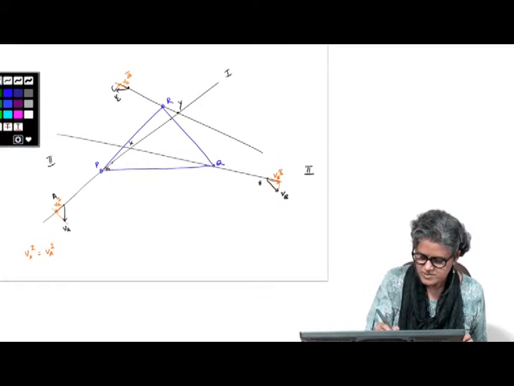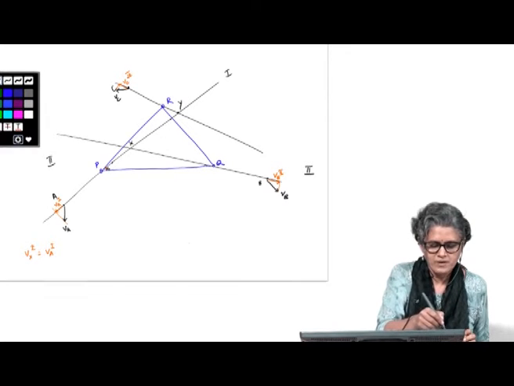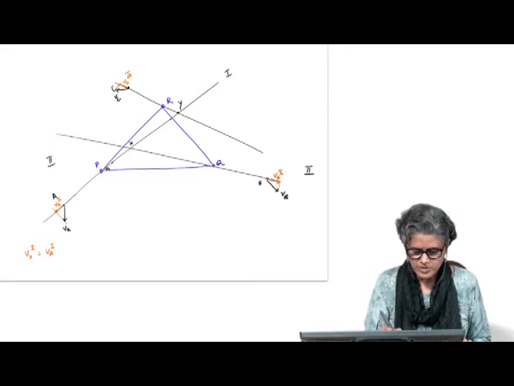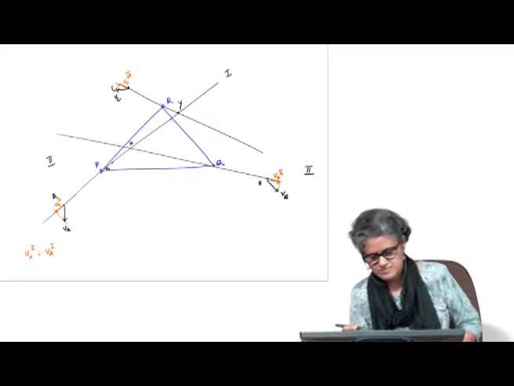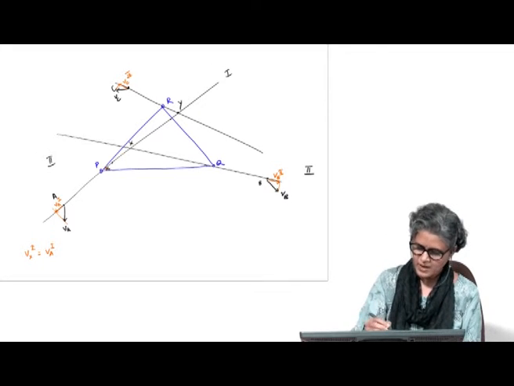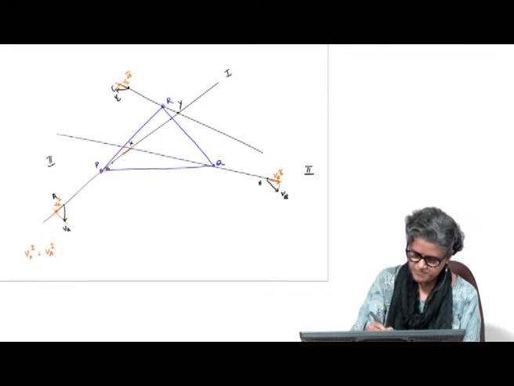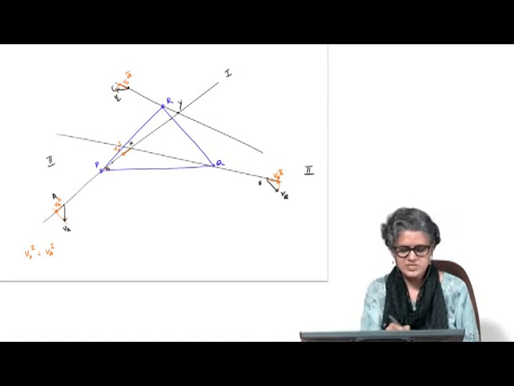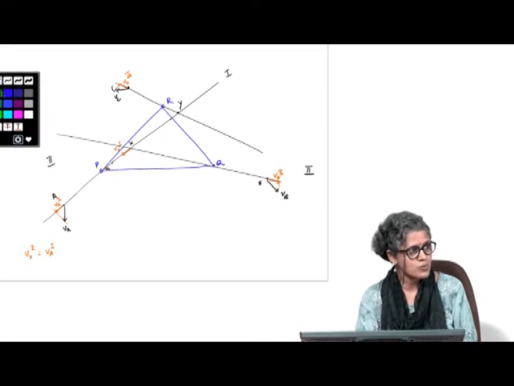So those are my 2 auxiliary points. I have x. This is Vx along 1, which is equal to VA along 1.